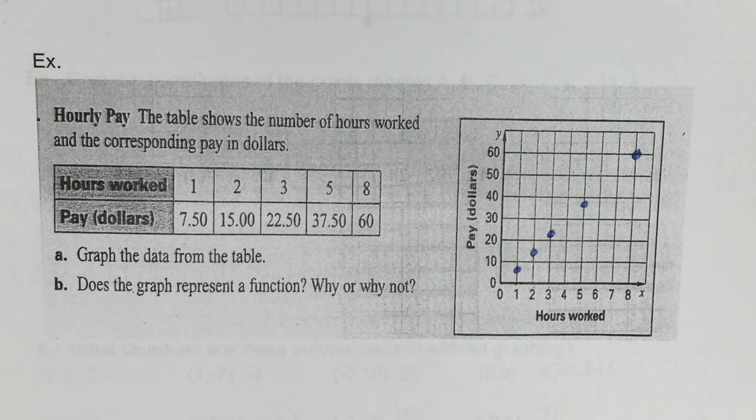Okay, and now you are going to answer part B. Do y'all remember functions from the first 6 weeks? It says, does the graph represent a function? A function means for every x, there can only be one y. Remember, the x's cannot repeat.